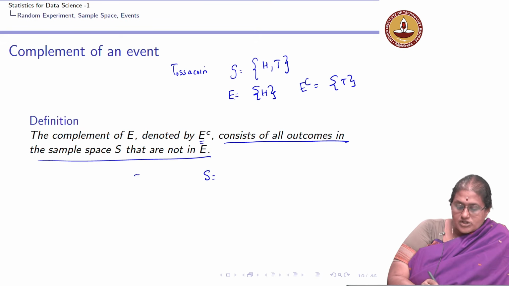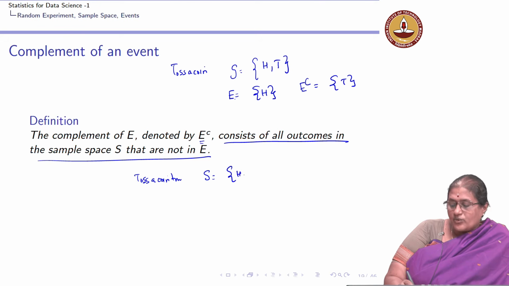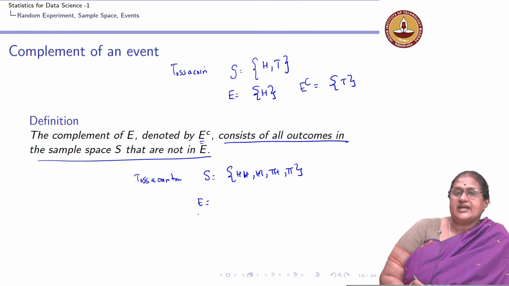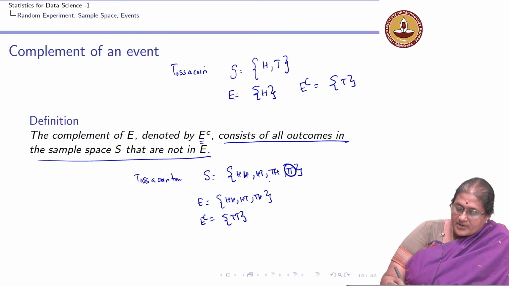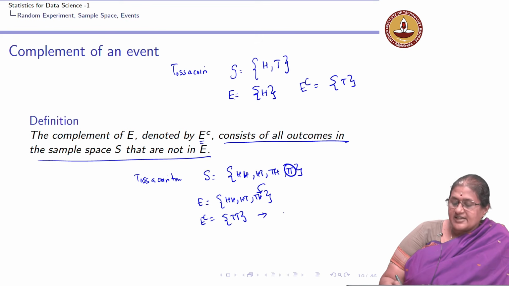So, again I toss a coin twice and I know S is HH, HT, TH and TT. If I define an event that at least one of the coins is a head, then HH, HT, TH are the outcomes in this event E. So, the E complement is TT, that is this element which is not in E, and I can see that this corresponds to both the coins being tail.